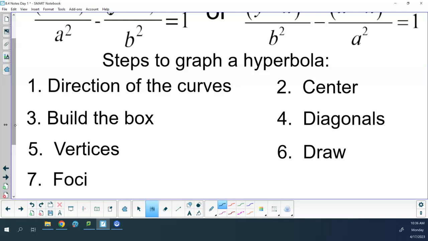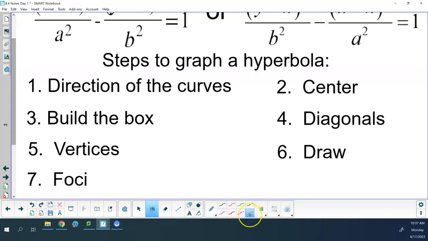Step number 4, diagonals. Draw the diagonals of your box and then come up with the 2 equations for the asymptotes. Step 5, find the vertices. Step 6, now we can finally draw it in. And step 7, find the foci.